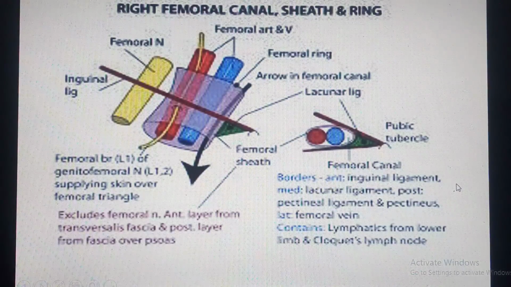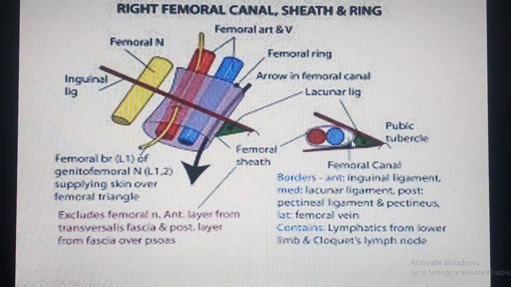Now I want to explain the femoral canal briefly. There will be the femoral sheath, and within the femoral sheath, with the exception of the femoral nerve, there is the femoral artery, the femoral vein, together with the genital branch of the genitofemoral nerve, and some lymph nodes will be contents of it. Now, this femoral canal, which is part of the femoral sheath, you can see it over here.